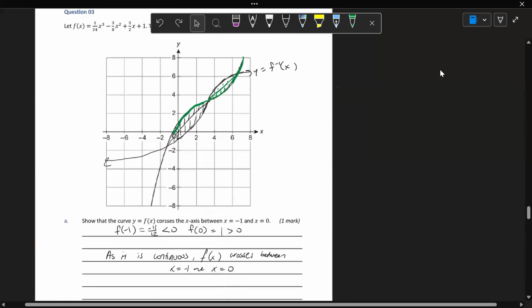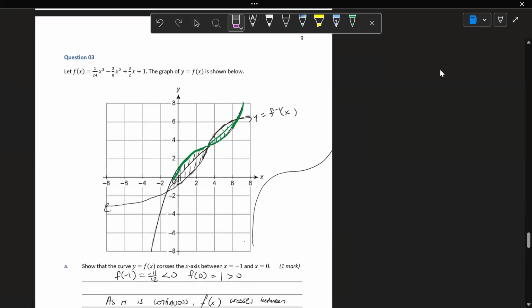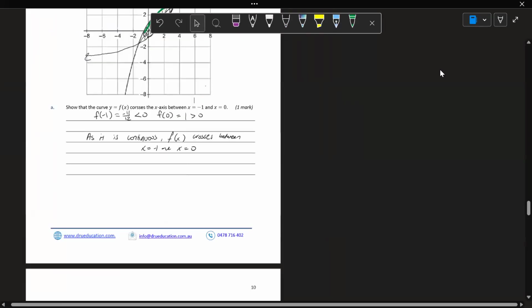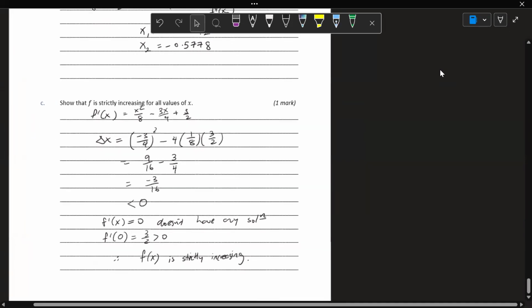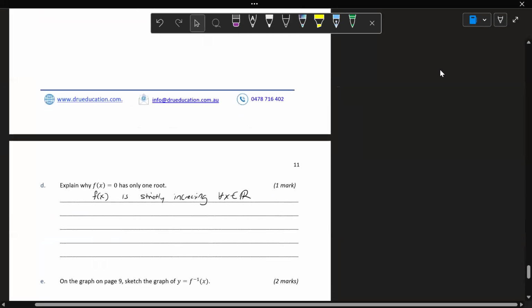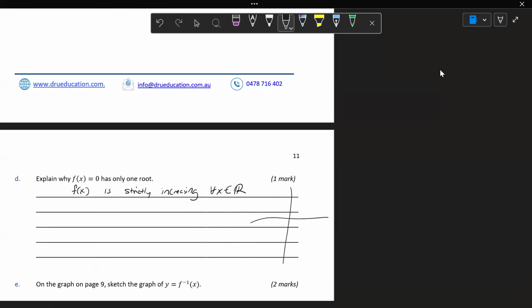Okay, so the function here is just like this, right? Like that. So we can see that it's strictly increasing. We prove this in part C. So if a function is strictly increasing, that means it will only have one root because it's only going up. So that means it will only cross the x-axis once.